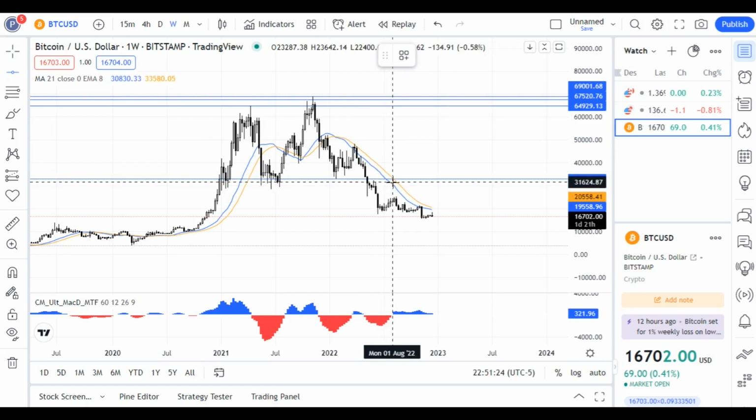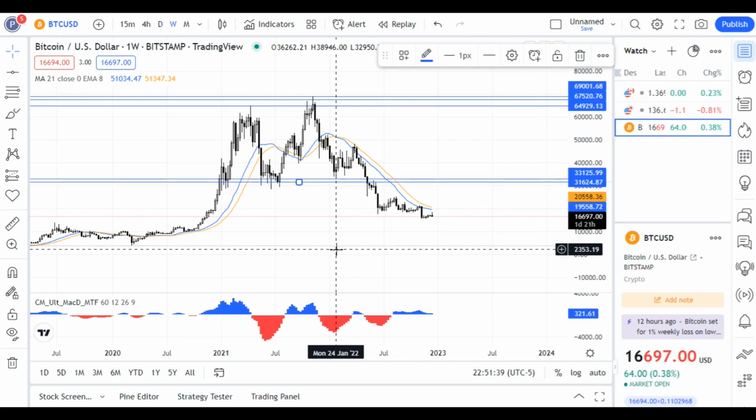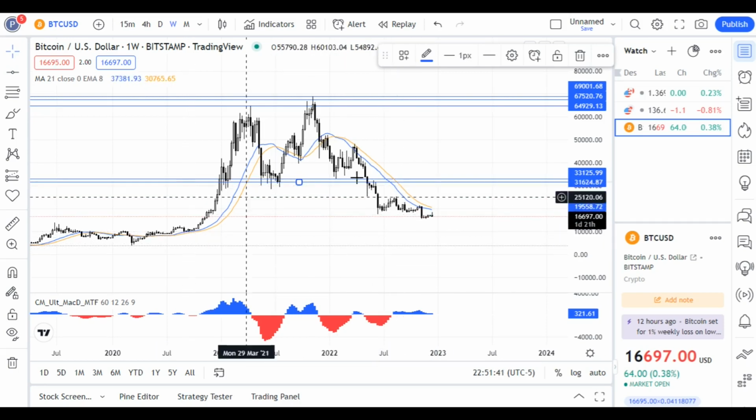So this area is also vital to note. This will be a zone area to note, very important. This will be a zone area as well.